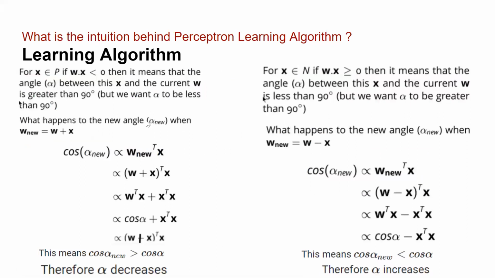So what adjustment can we make so that my current geometry, which says the angle between W and X is obtuse, will approach toward an acute angle? That adjustment will happen if we add X to it. How that adjustment will happen, I'll come to it after a couple of minutes.